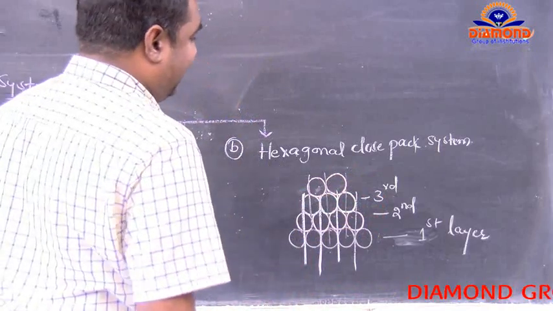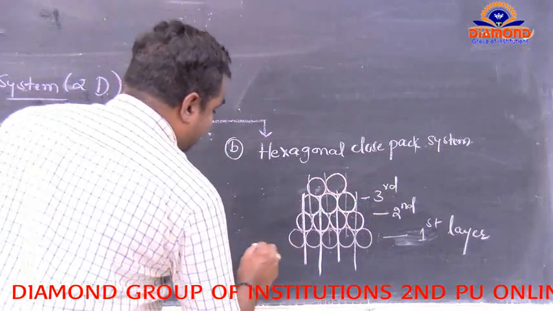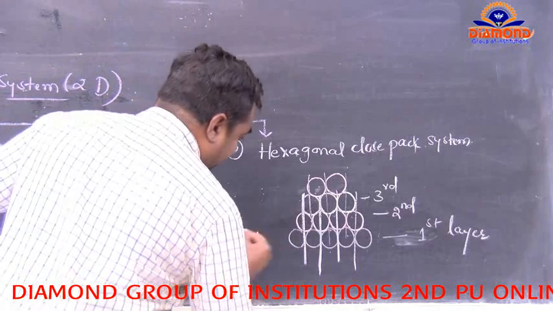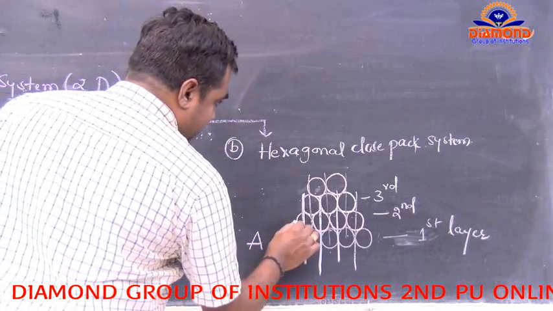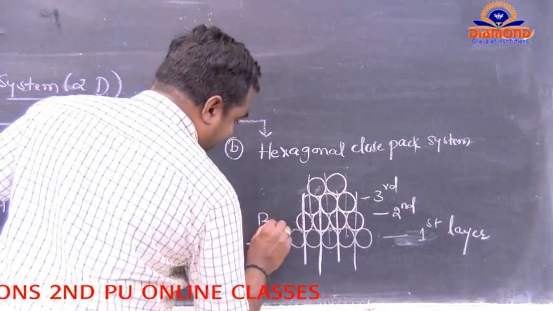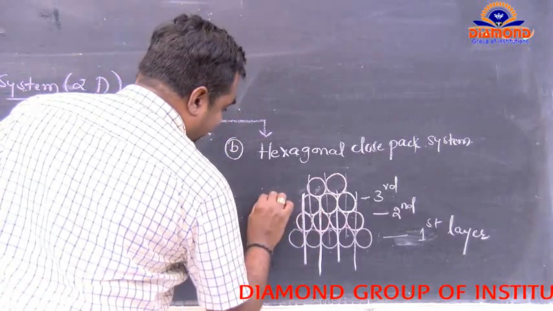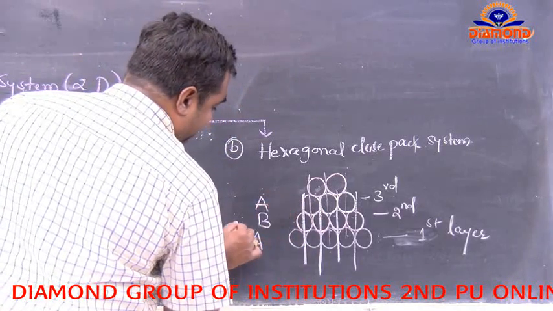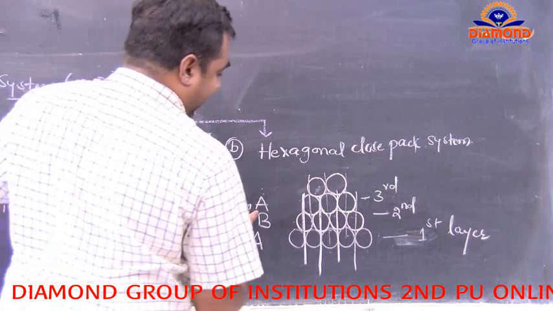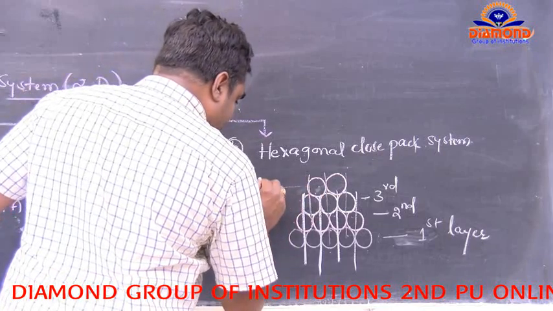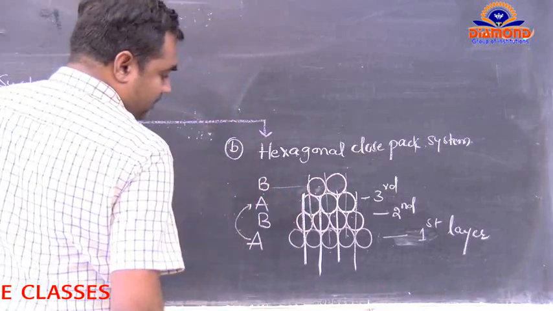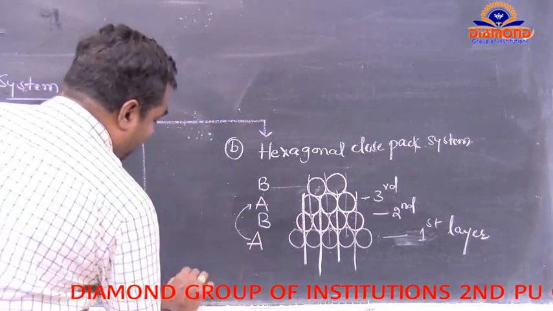Nothing but here in this type it is taken as the A layer. This belongs to the B layer. A belongs to the repetition of the first layer. So it belongs to A. Again, this belongs to the B layer. So now, what is the type of arrangement here?